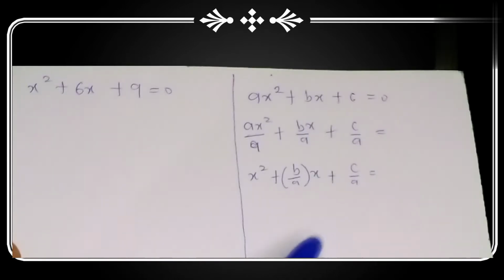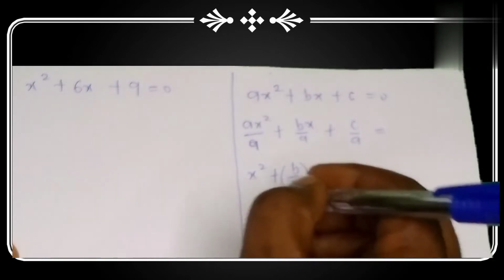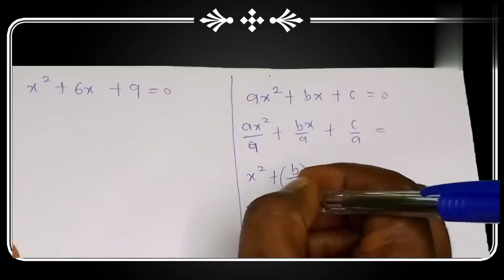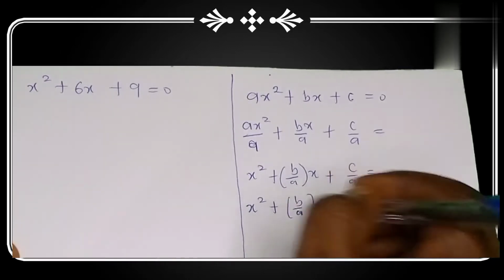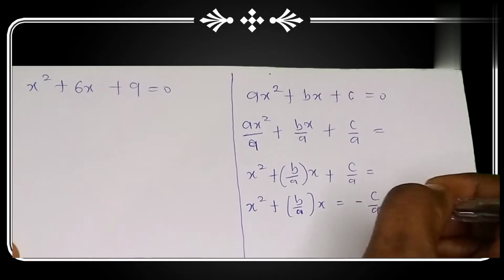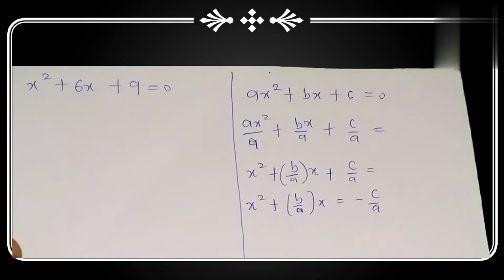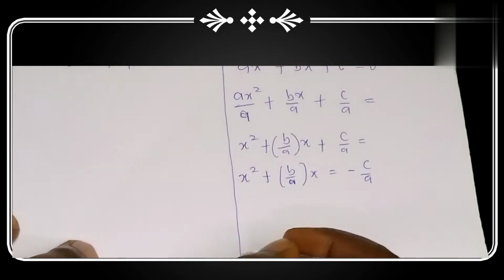I want to transfer c over a to the other side because we need to use something that will complete this square, this perfect square. Now we have x squared plus b over a, x, equals minus c over a. Now b over a is the coefficient of x in this expression.